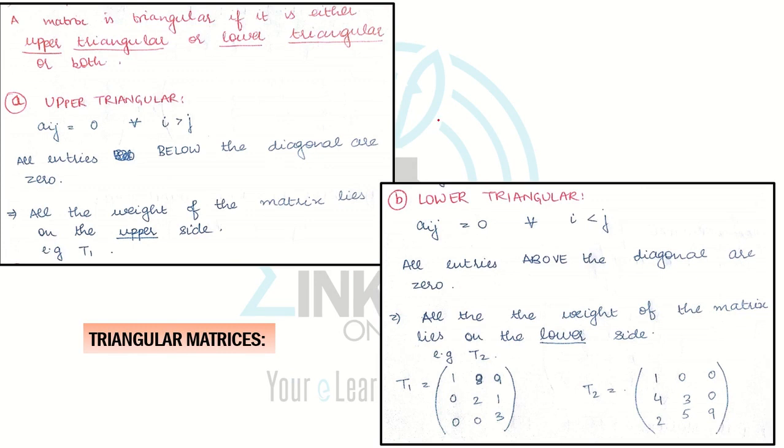Now we come to a type of matrix which is called the triangular matrix, or the triangular matrices, which is the class of matrices which may be upper triangular or lower triangular respectively. Here I'm using my personal notes because different places would give different definitions of triangular matrices, and I would like us to follow this one.